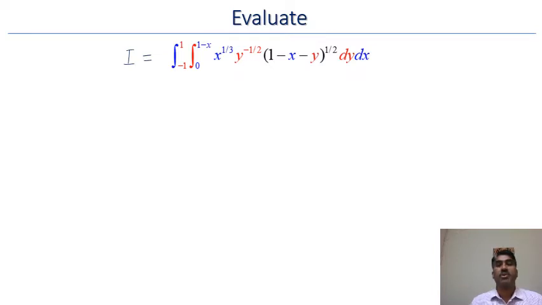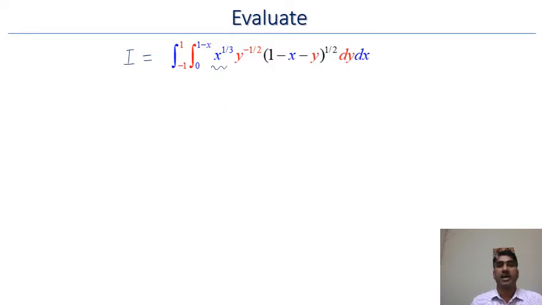And now, because first we will integrate with respect to y, focus on this term, x to the power 1 by 3. This has no role during integration of the y integral.